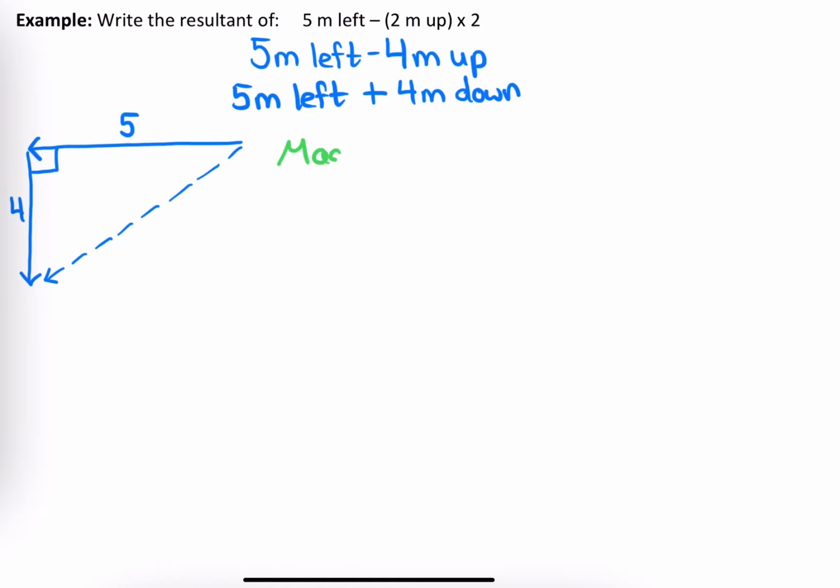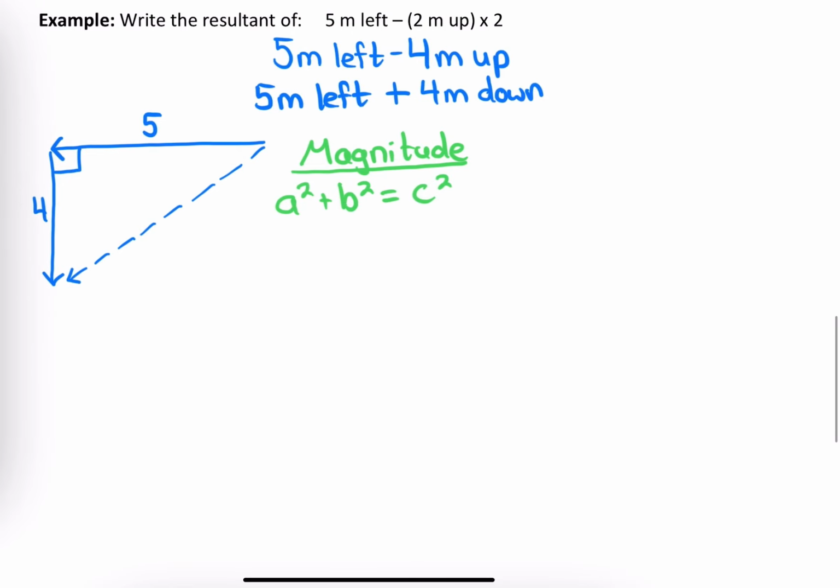So to find the magnitude, I'm going to use the Pythagorean theorem. A squared plus b squared equals c squared. Reminder, in a right angled triangle, C has to be the hypotenuse.